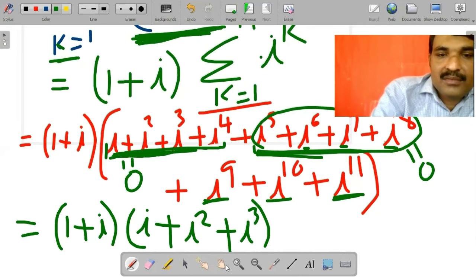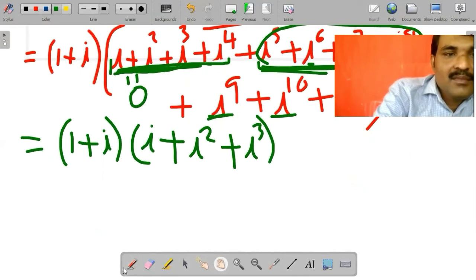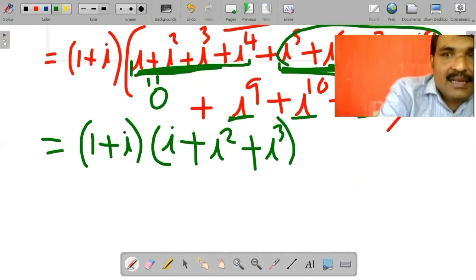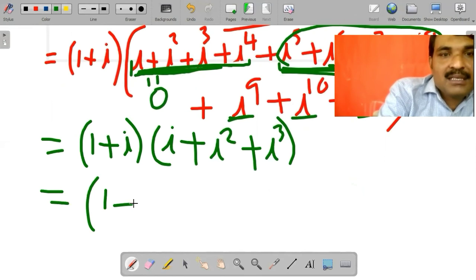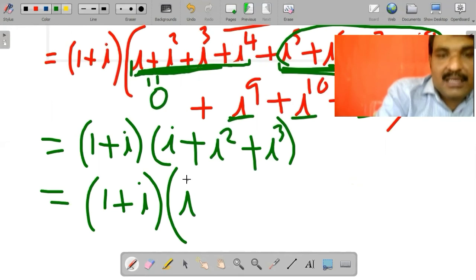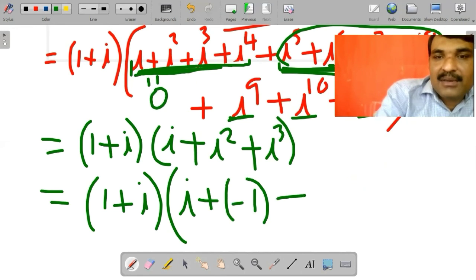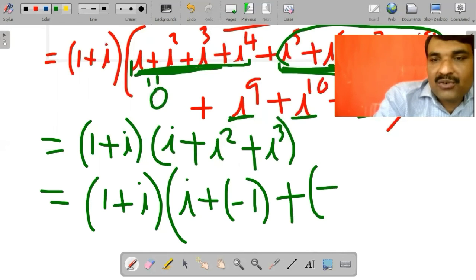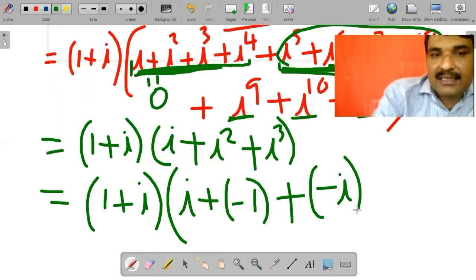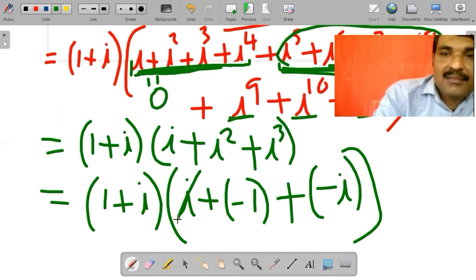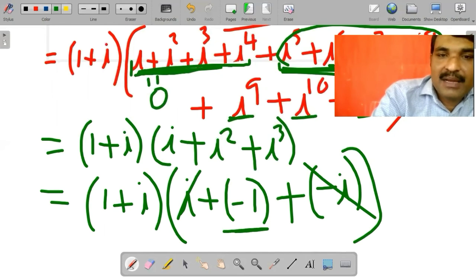Now this is equal to 1 plus iota, right, multiplied by iota plus, what is iota square? Iota square is equal to minus 1, plus iota cube. Iota cube is equal to minus iota, right? So plus iota and minus iota will cancel. The remaining is minus 1.